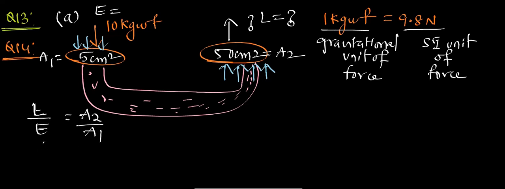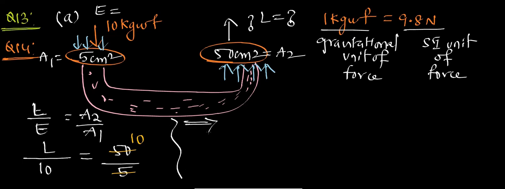So what is the load? We don't know. What is the effort here? 10 kilogram weight. That is equal to A2, how much? 50 centimeter square. A1 is 5. Here A2 means the larger area. Simple, Gautam. Load is on which side? Right side.